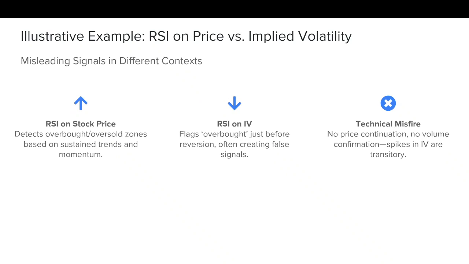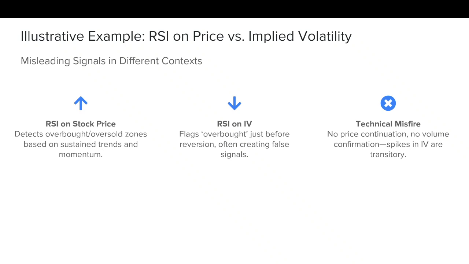To analyze and forecast implied volatility effectively, one must abandon traditional TA tools in favor of a robust quantitative framework. Unlike stock prices, IV behaves in ways that are well suited to stochastic modeling and probabilistic inference. Approaches like Ornstein-Uhlenbeck processes capture the mean reverting nature of IV.